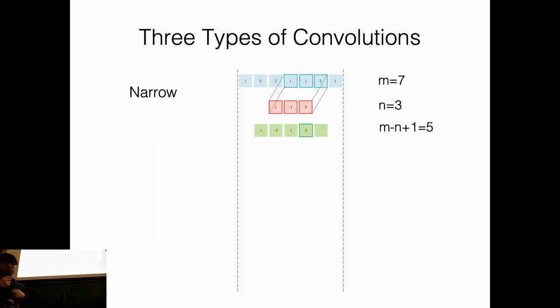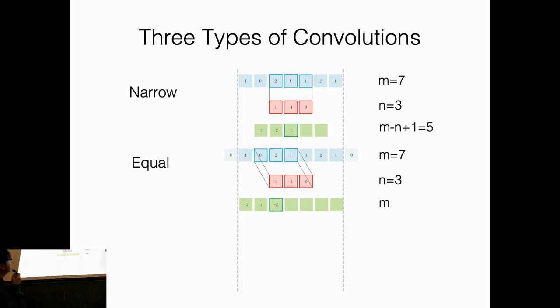So according to the different padding mechanisms, we also could define different types of convolution operation. The first type of convolution we call the narrow. The characteristics of the narrow convolution is that usually there is no padding mechanism, and the output vector length is less than the input vector length.